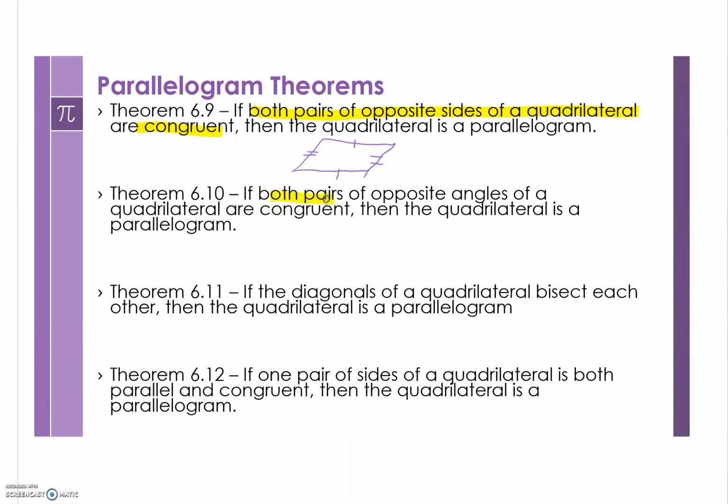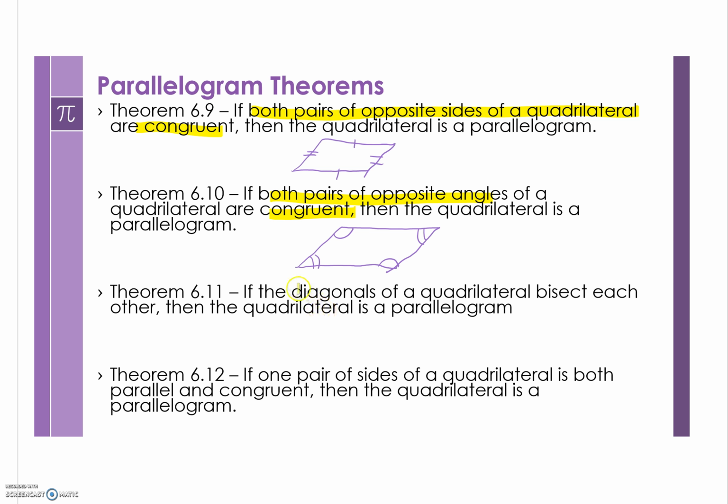If both pairs of opposite angles are congruent, then it's a parallelogram. So again, that pair of opposite angles and my acute angles would also be congruent to each other. Then I have a parallelogram.